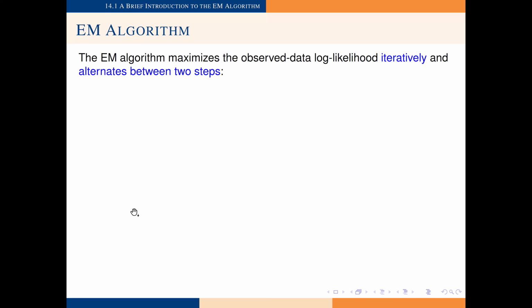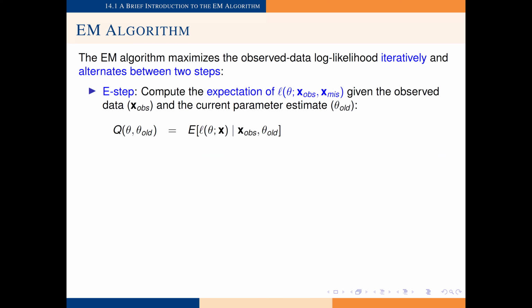The EM algorithm maximizes the observed data log likelihood iteratively, and it alternates between two steps. The first step is known as the E step, where E stands for expectation. The idea is that we're going to compute the expectation of the complete data log likelihood, given by L of theta, given both the observed and the missing data.